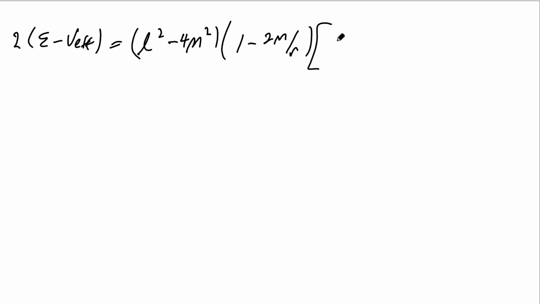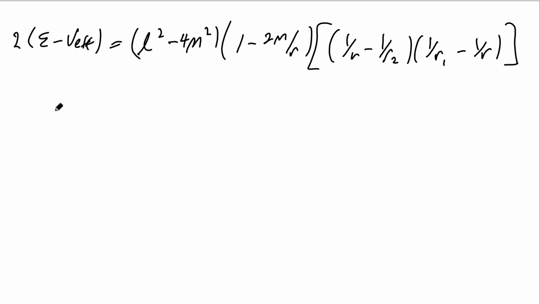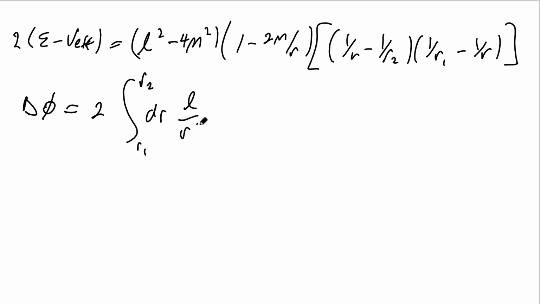And then the remaining factors we can write as 1 over r minus 1 over r2 times 1 over r1 minus 1 over r. So now let's put this all together to compute the change in angle, delta phi. This is equal to 2 times the integral from r1 to r2 of dr times L over r squared times 1 over the square root of this whole polynomial.